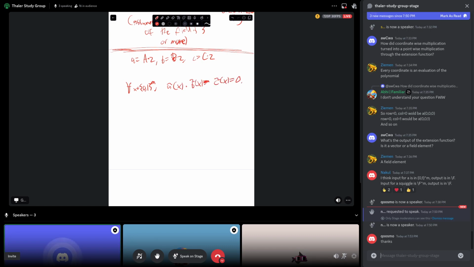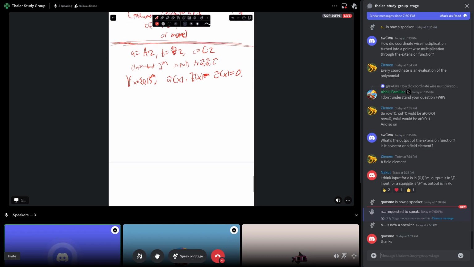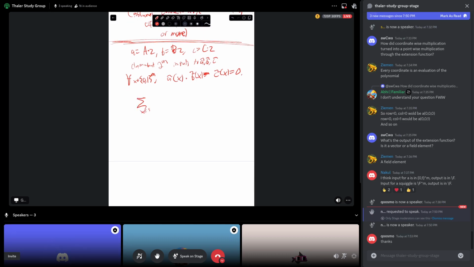So this is a claim about 2^m inputs to A twiddle, B twiddle, C twiddle. Then if we applied sum check, and again, this was attempt 1, it didn't quite work.